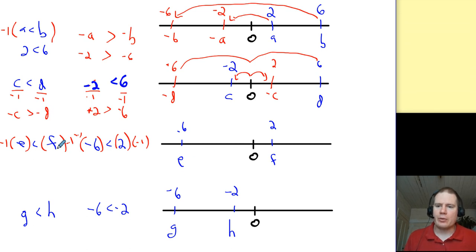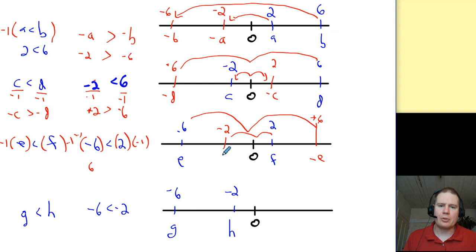E is less than F. Negative 6 is less than 2, but the opposite of negative 6 becomes positive 6. Now over here at positive 6. 2 is getting reversed. The opposite of positive 2 is negative 2.